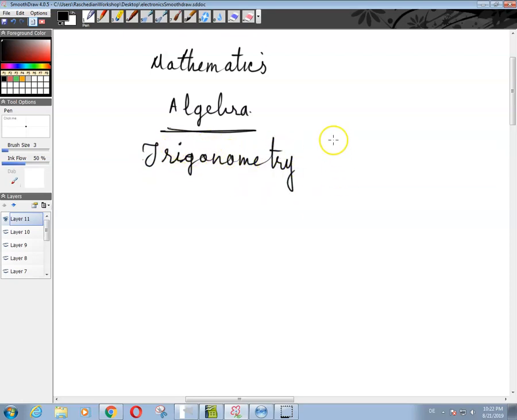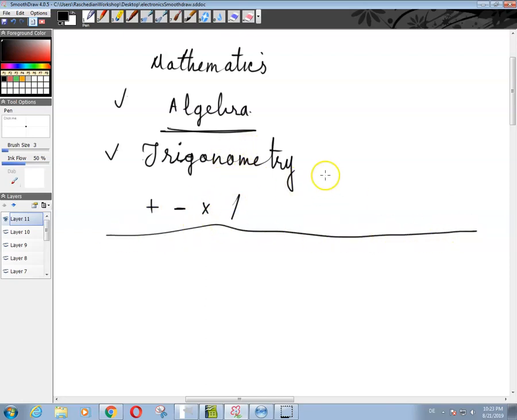You do need your trigonometry, you do need your algebra, and you need to understand basic operations in mathematics: addition, subtraction, multiplication, and division. That's more than enough. But of course, these two are important, and all of the prerequisites of trigonometry and algebra are of course included in this part over here.